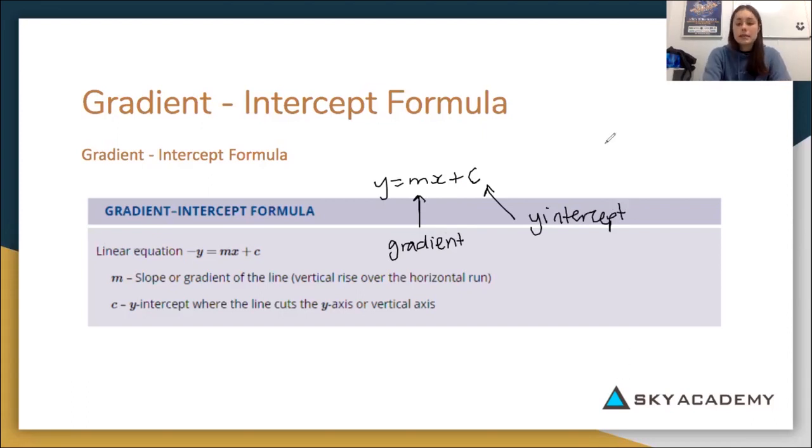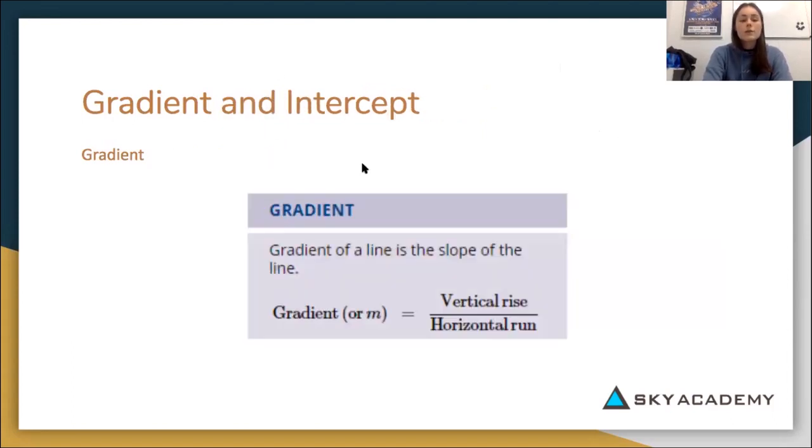Firstly, our gradient is the slope of the line, and our gradient can be found by doing rise over run.